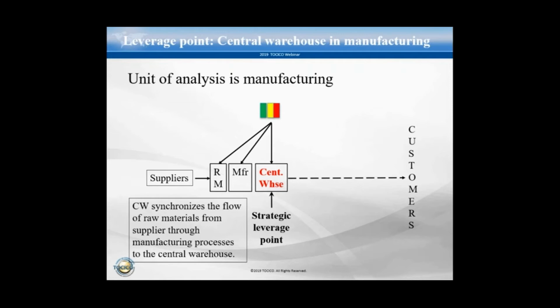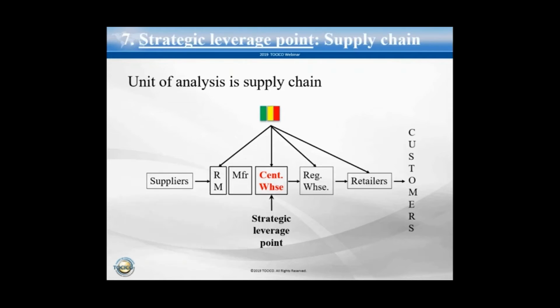His next book, a number of years later, talks about the supply chain and how the central warehouse, now the strategic leverage point, links the customer's demand to the supply provided by manufacturing. So it provides the leverage point for a much larger system.